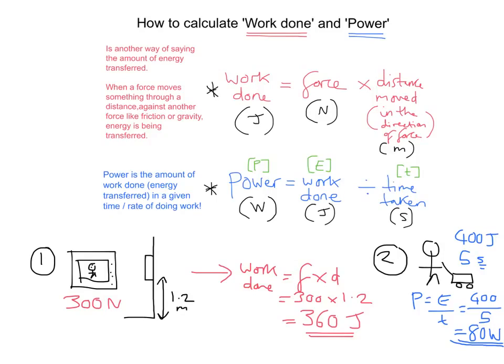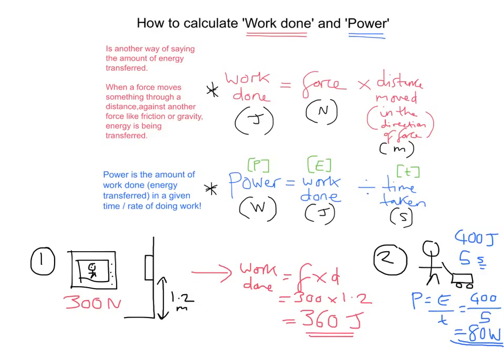Now, you may have to use these two equations to work out something a little bit more in depth. For example, it may give you a distance off the ground and ask you to work out how much work is done, but you may be given a mass.